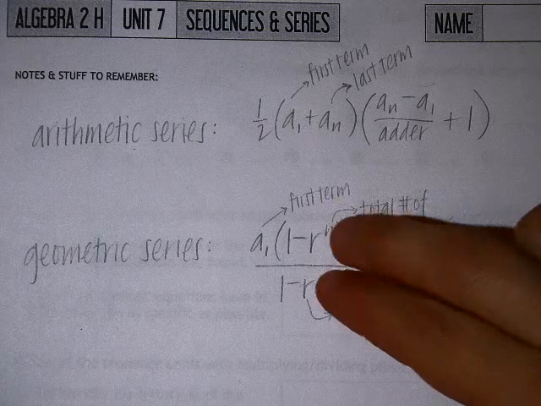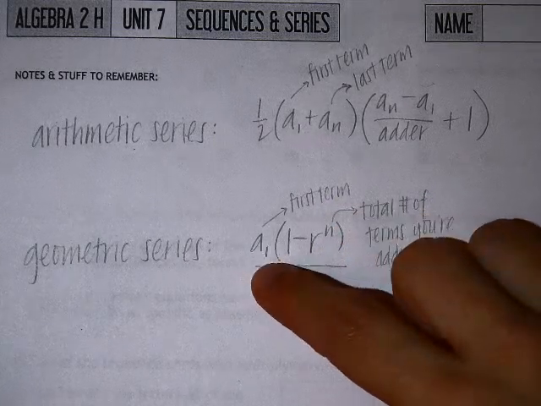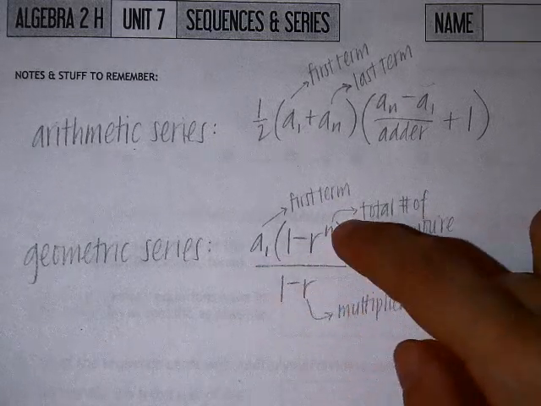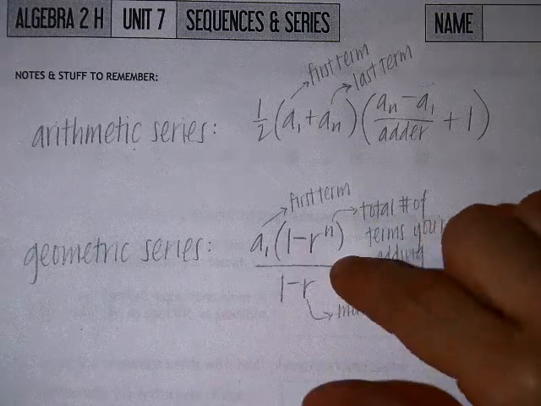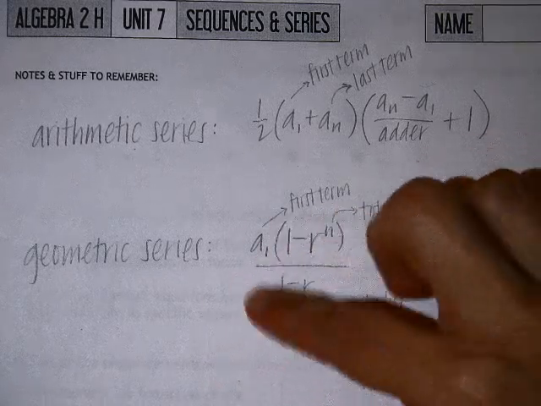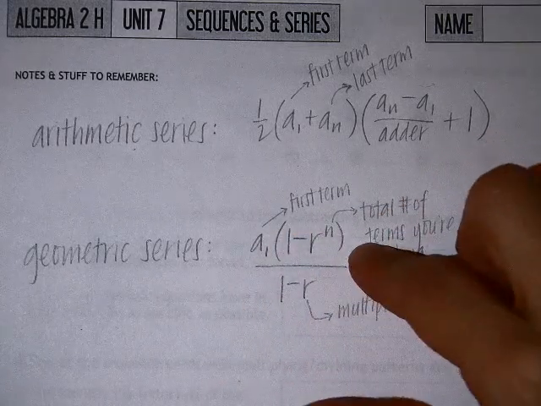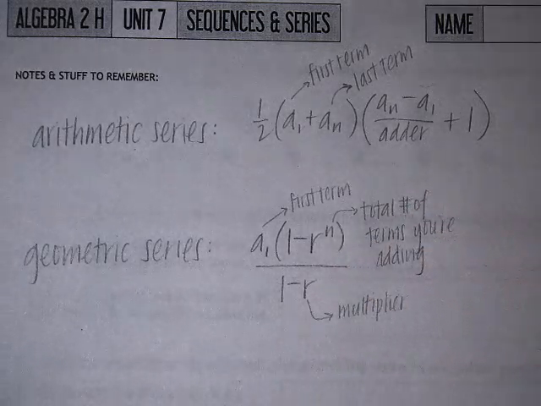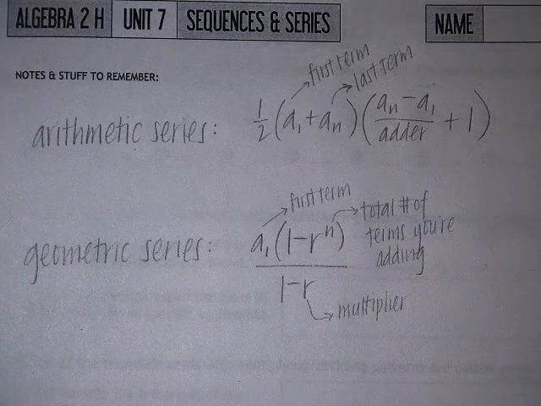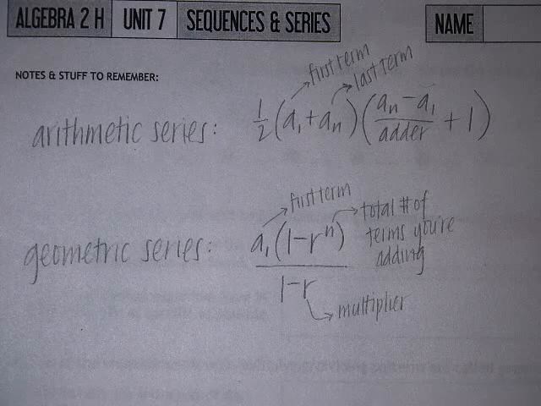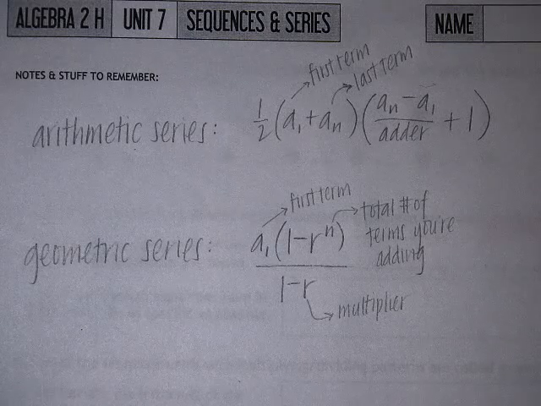Make sure that you know how to identify things like a sub 1, r, and n. Make sure that you have a working calculator or a way of actually doing the computation here. And then make sure that you have a way of verifying your answer, the answer key, or some other way of making sure that the answer makes sense in context.